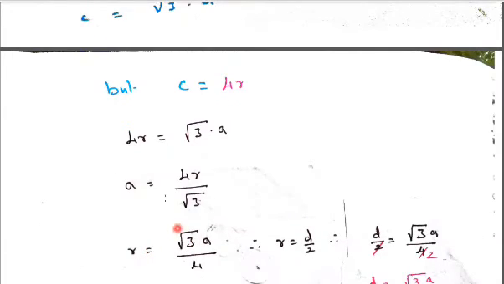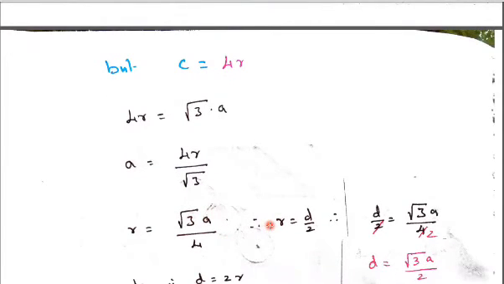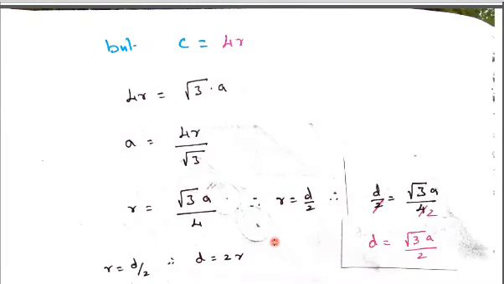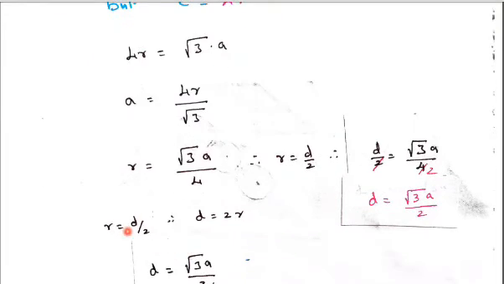Therefore, r equal to root 3a by 4. To calculate the d value, r equal to d by 2, so d equal to 2r. Substituting, d by 2 equal to root 3a by 4, so the 4 cancels with 2, and root 3a by 2 is the d value.